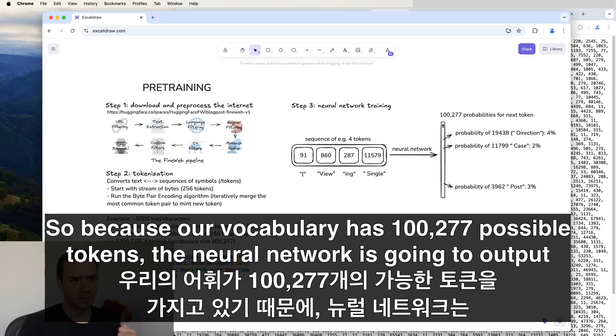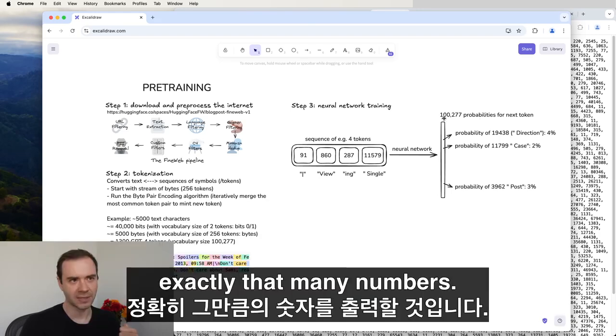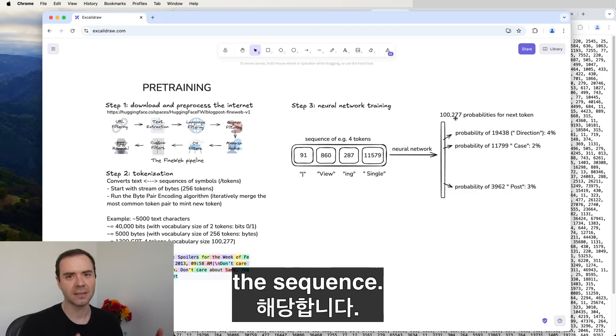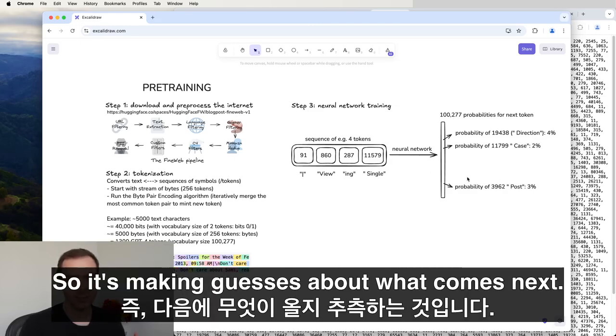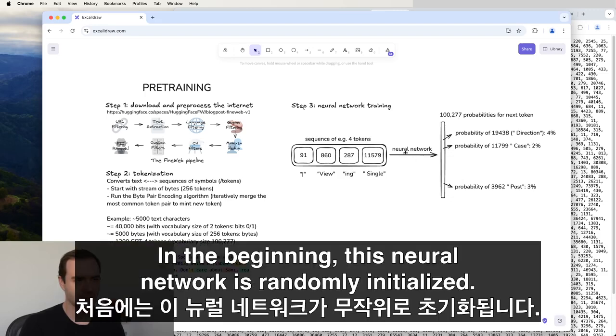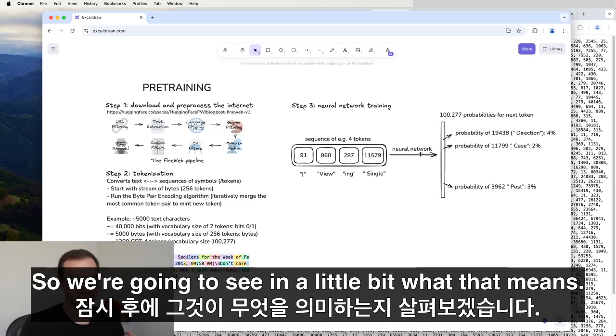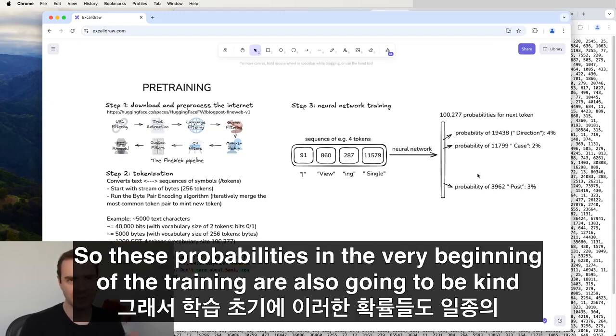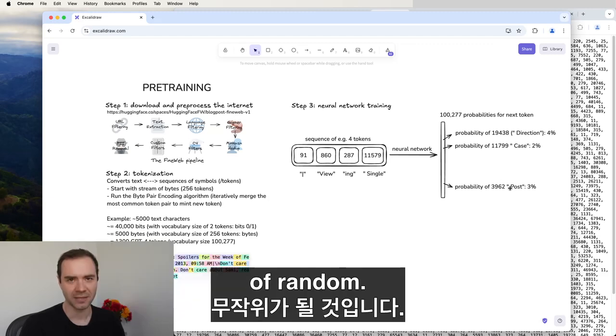Because our vocabulary has 100,277 possible tokens, the neural network is going to output exactly that many numbers, and all of those numbers correspond to the probability of that token coming next in the sequence. So it's making guesses about what comes next. In the beginning, this neural network is randomly initialized. We're going to see in a little bit what that means, but it's a random transformation. So these probabilities in the very beginning of the training are also going to be kind of random.